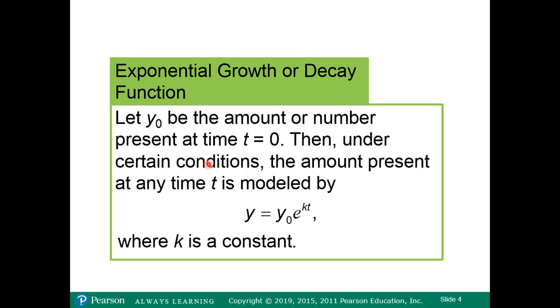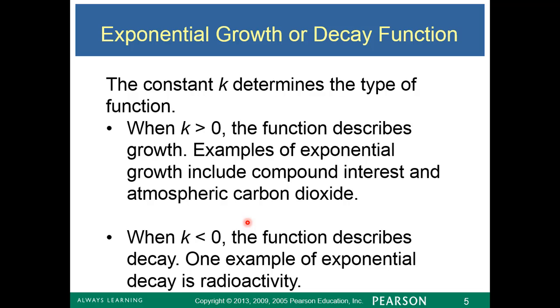And then under certain conditions, the amount present at any time t would be modeled by this exponential growth function, where k is some constant. So this is the initial amount, and then this is our exponential growth factor by which it's growing over time, and that's going to give us the present value, or the value at some time t.